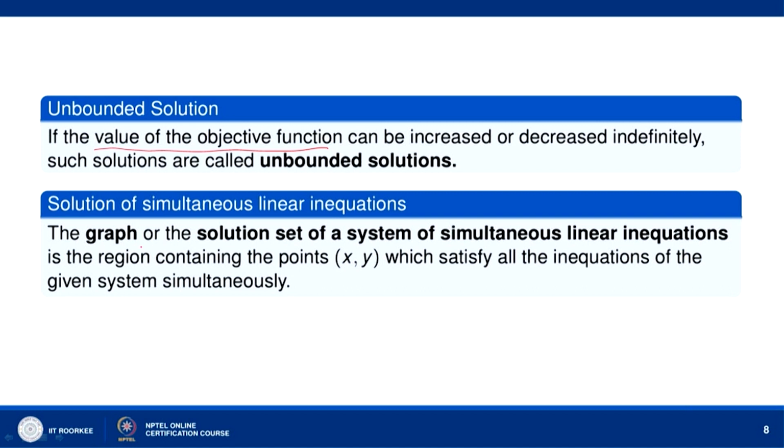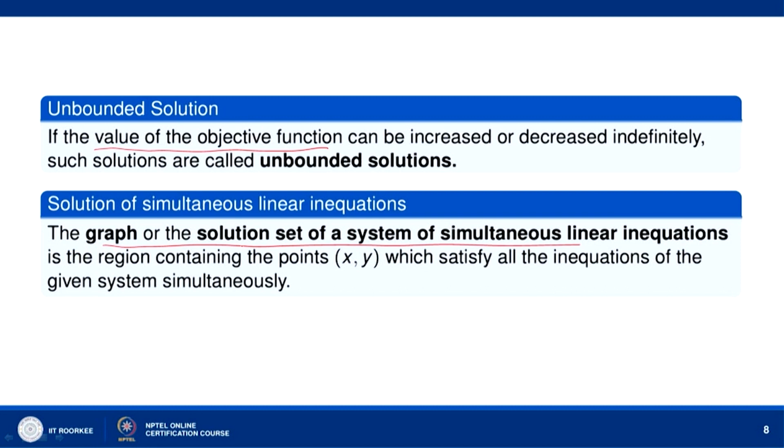So, the graph or the solution set of a system of simultaneous linear inequations is the region containing the points x_i which satisfy all the inequations of the given system simultaneously. Okay. So, we shall use the graphical method, so we have to understand it very carefully.